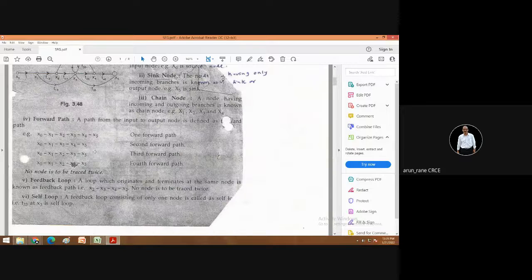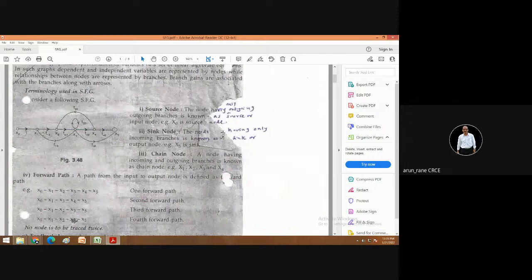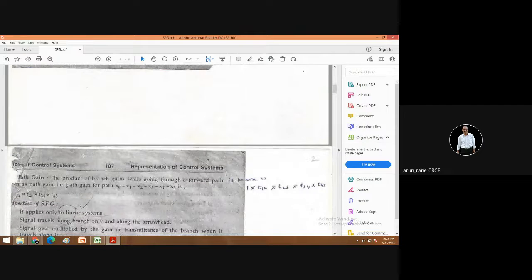This is your branch gain T12, this is another branch gain T23, T34 and T45 and T33. The multiplication of all these will be your path gain. Now T33 cannot be taken, because we are considering the path x0, x1, x2, x3, x4, x5. So it will be only this.